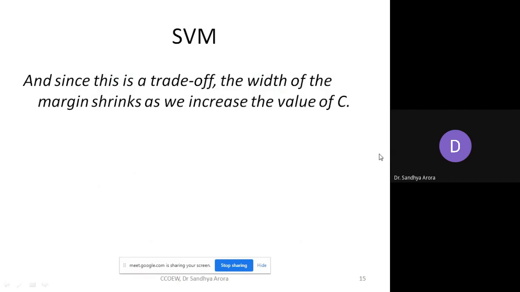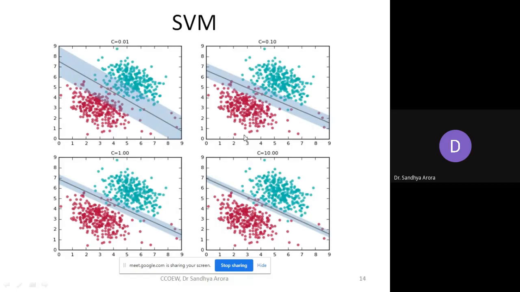You can see there is a trade-off between the width of the margin and the value of C. As you increase the value of C, your margin will decrease. So this won't be a maximum margin hyperplane, but it will classify your data properly.